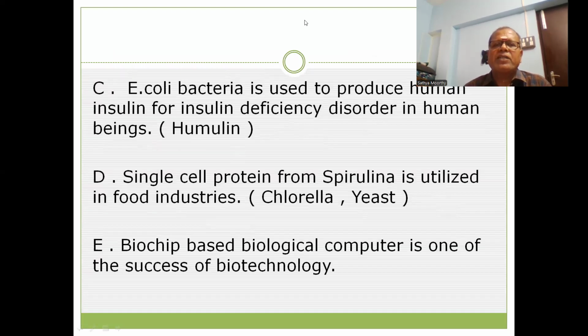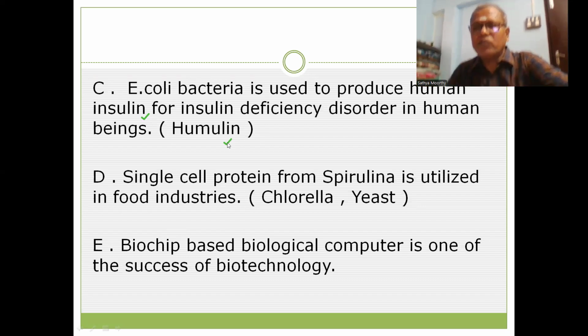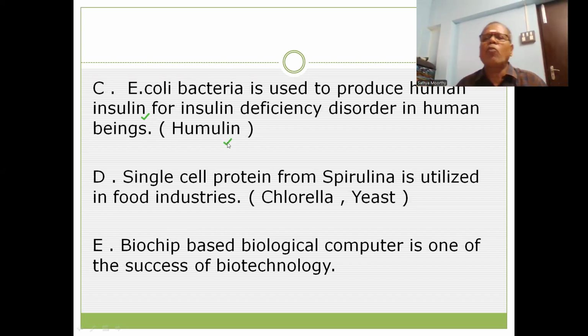Then the industrial bacterium E. coli, an example of a commensal, is used to produce human insulin called humulin. And this humulin is used to treat type 1 diabetes or insulin-dependent diabetes mellitus. The role of insulin: the main function of insulin is to maintain the blood glucose level at 70 to 110 milligram per 100 ml.